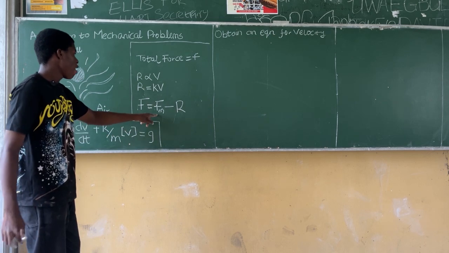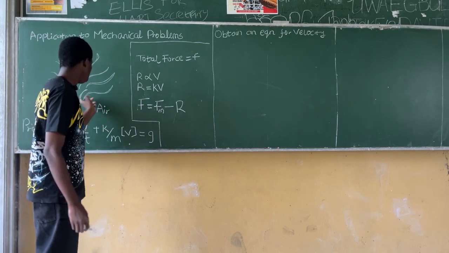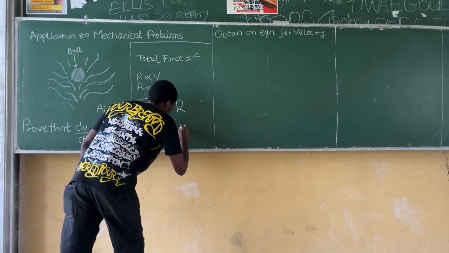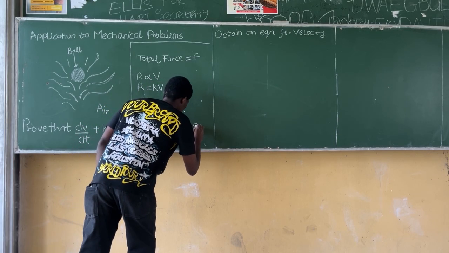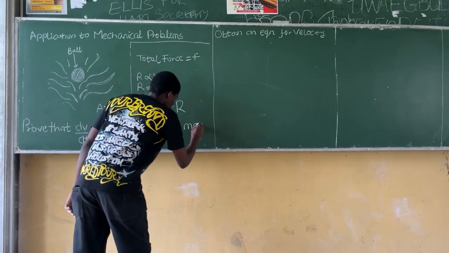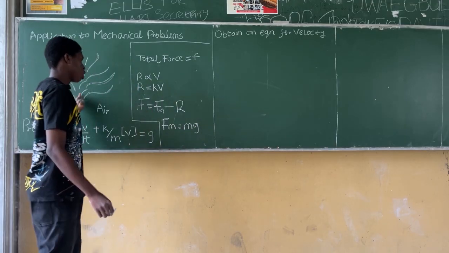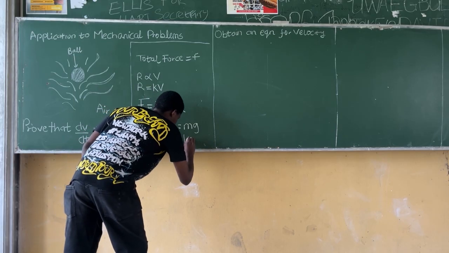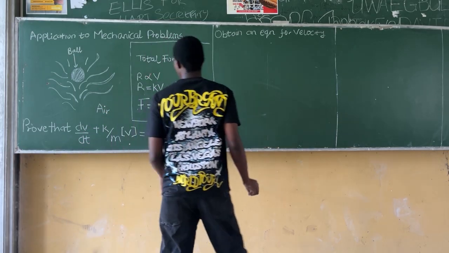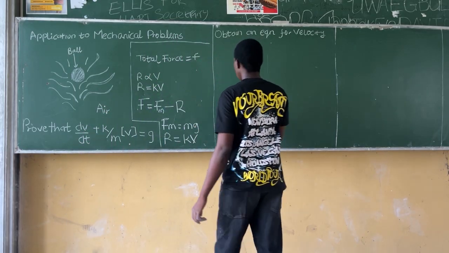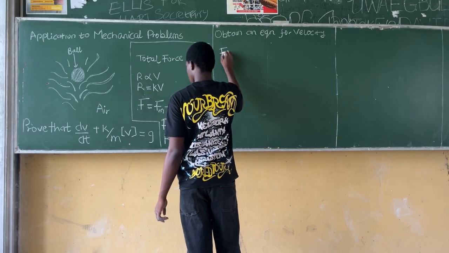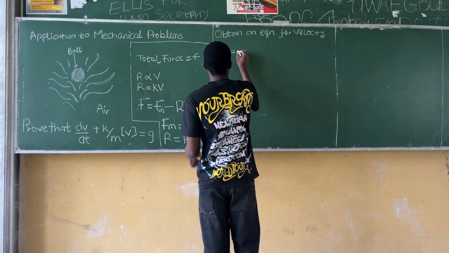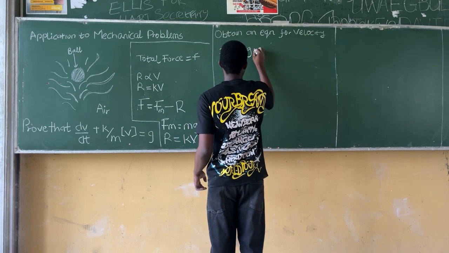F of m is mass times gravity, because it's falling as a result of gravity, and R is equal to kV. Inputting this into the equation, F is equal to mg minus kV.